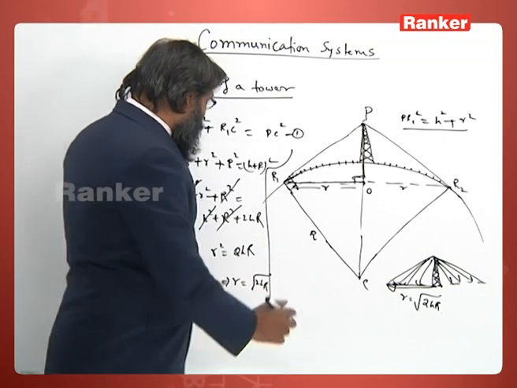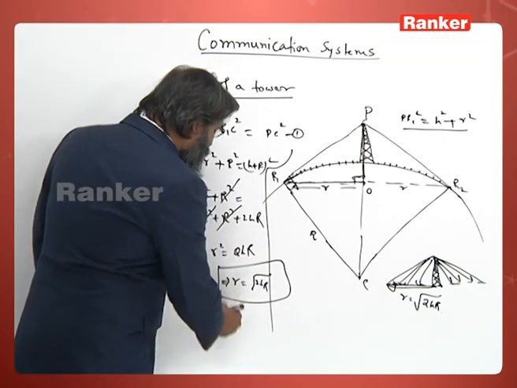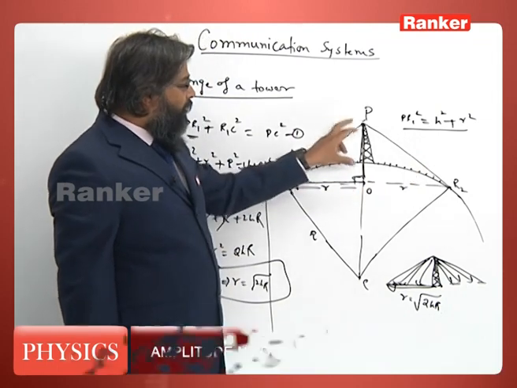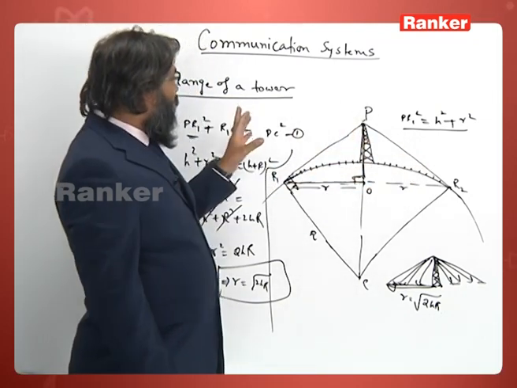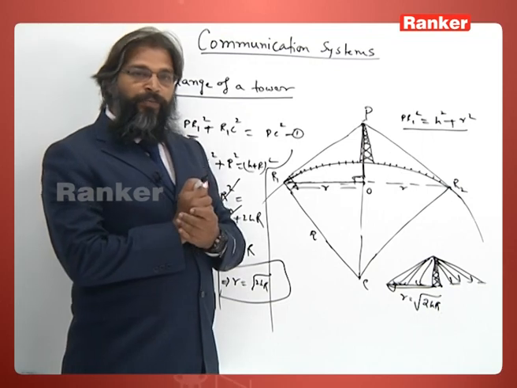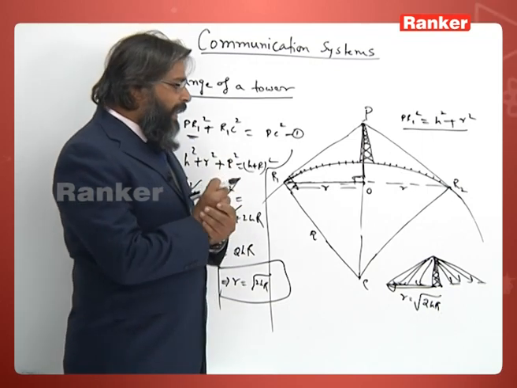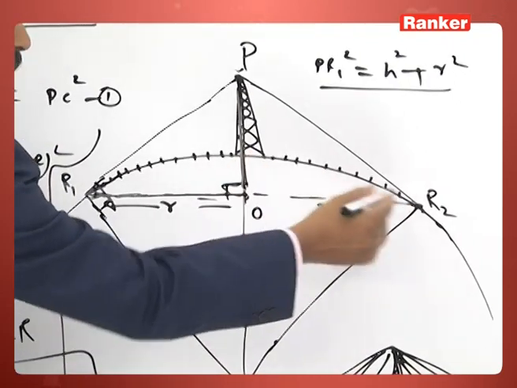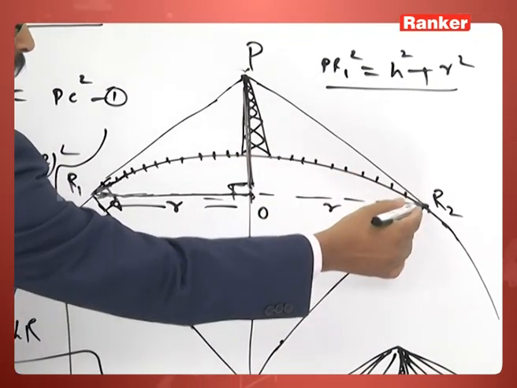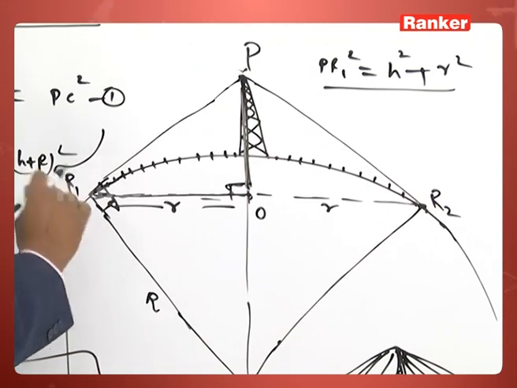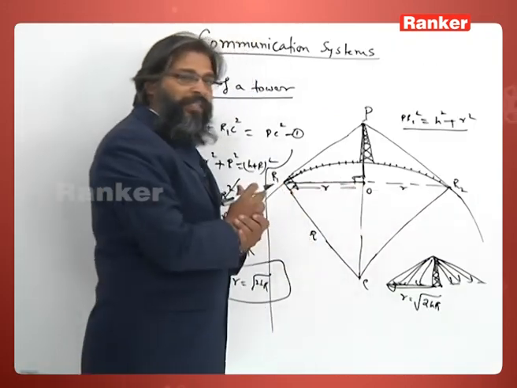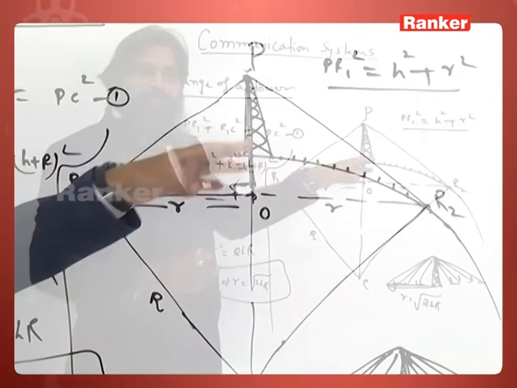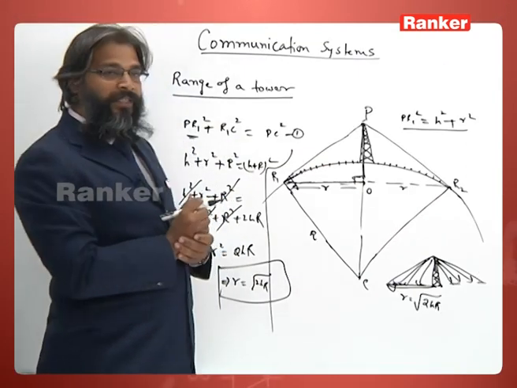This is the expression for the distance to which the signal can be transmitted in line of sight communication. It is called line of sight because the maximum distance that can be seen on the surface of earth from this tower is up to R1, so all regions within the line of sight come under the range of this communication.